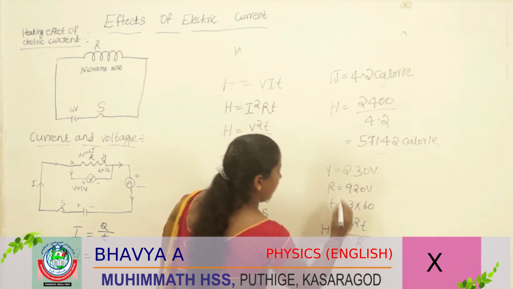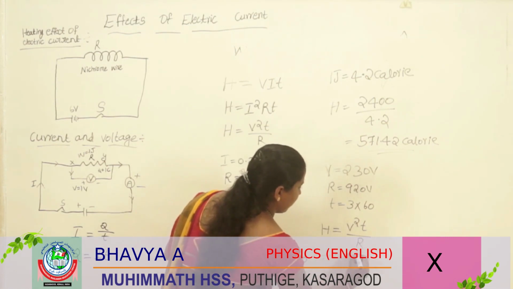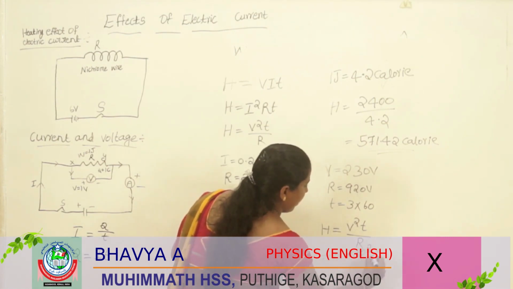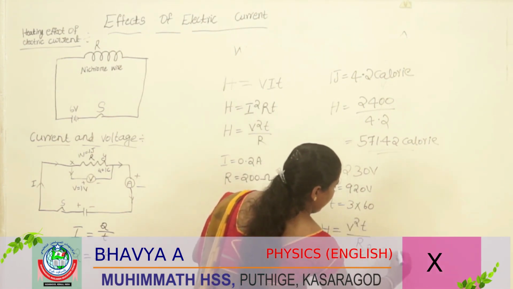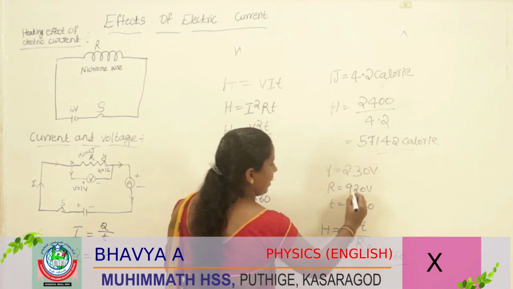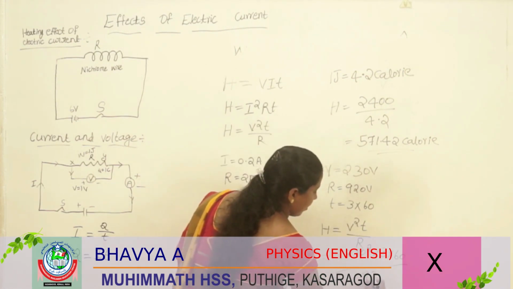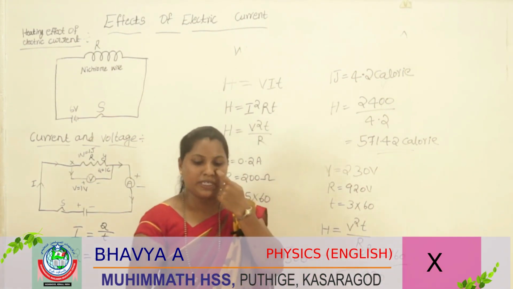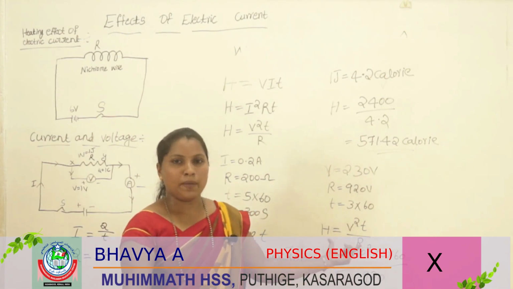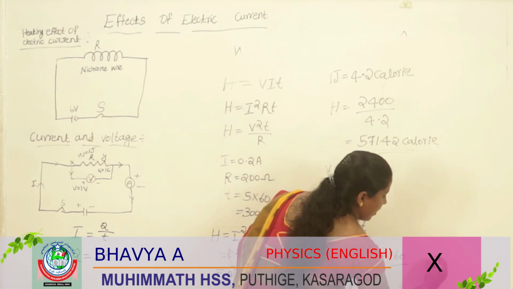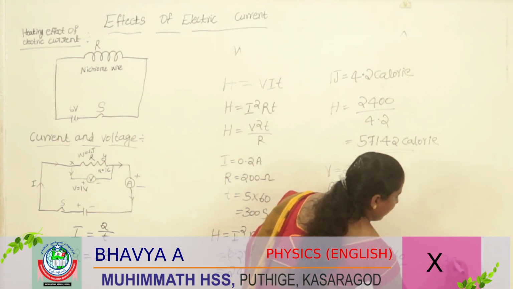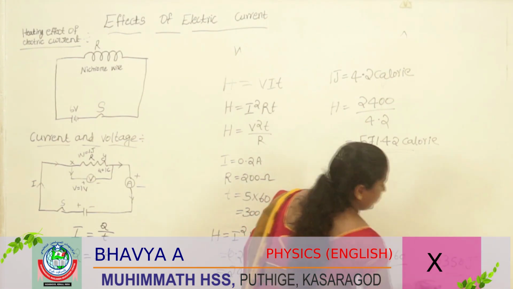So V means 230 square into time 3 into 60 divided by the R value 920. Multiplying, finally you get the answer 1350 joule.